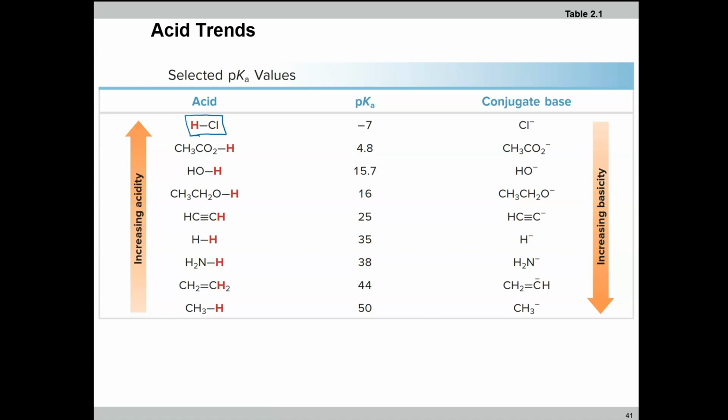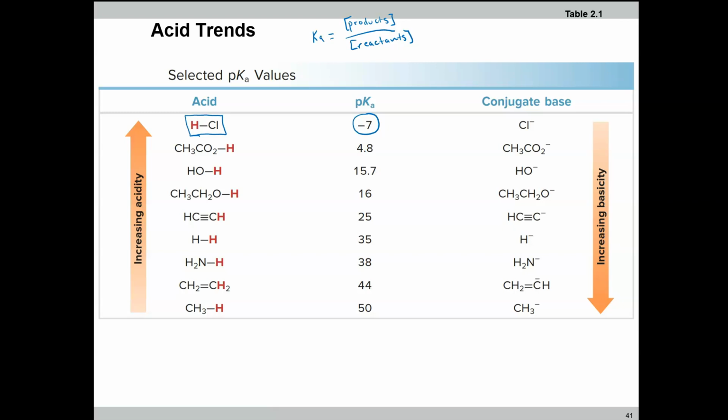So this is just one example put in here to show you that this pKa value is a -7. Remember, our Ka values are equal to the concentrations of the products over the concentration of the reactants. And that means that our products are going to be favored, the chemical reaction is moving forward.